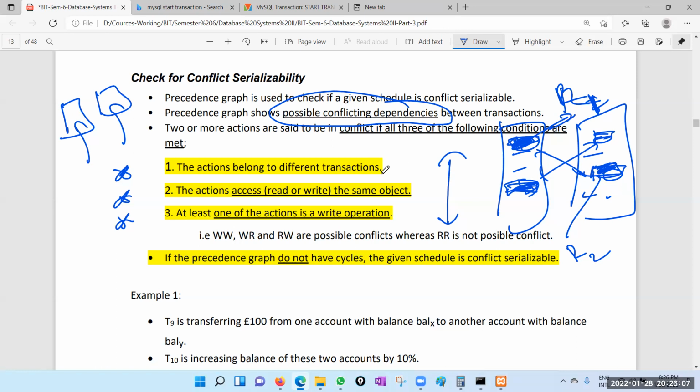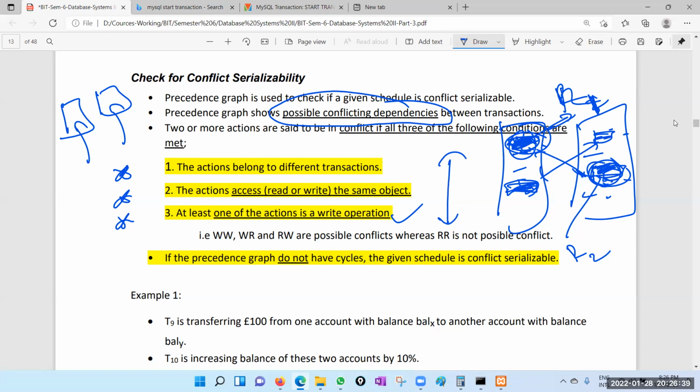The third one is, if they are working on the same data in 2 different transactions, at least one of the actions must be a write. If both are reading the same data, there is still no issue. But at least one must be writing. So read-write, write-read, write-write are possible conflicts.